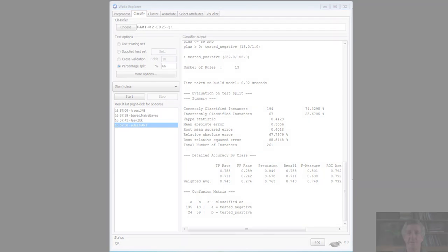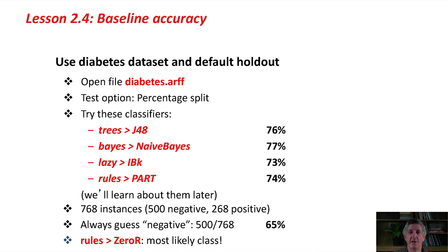So we'll learn about these classifiers later, but they're just different classifiers, alternative to J48. And you can see that J48 and naive Bayes are pretty good, probably about the same. The 1% difference between them probably isn't significant. IBk and PART are probably about the same performance, again, a 1% between them. There's a fair gap, I guess, between those bottom two and the top two, which probably is significant.